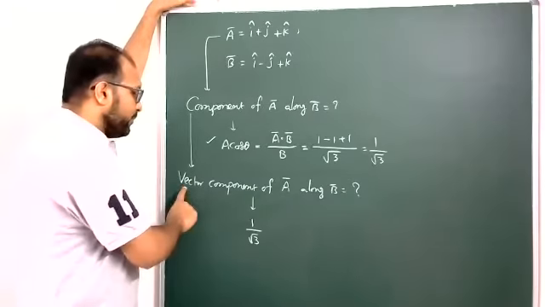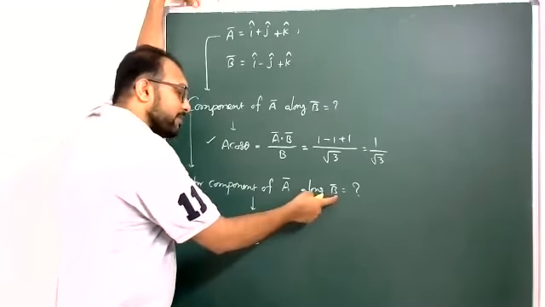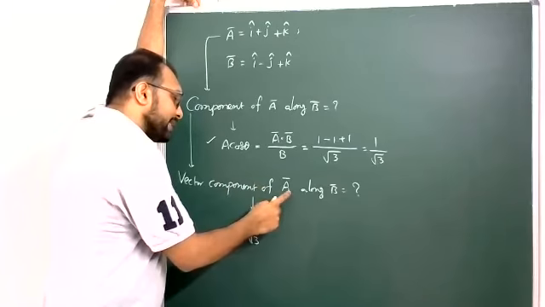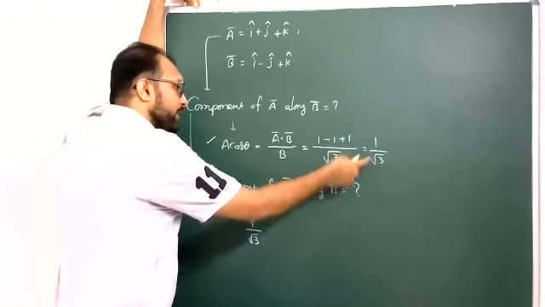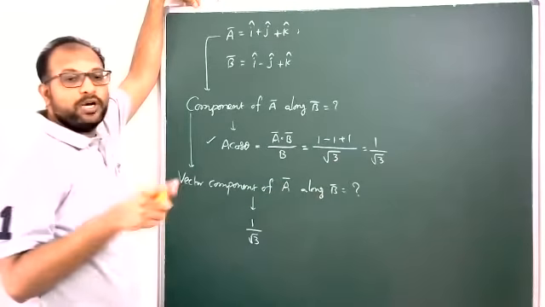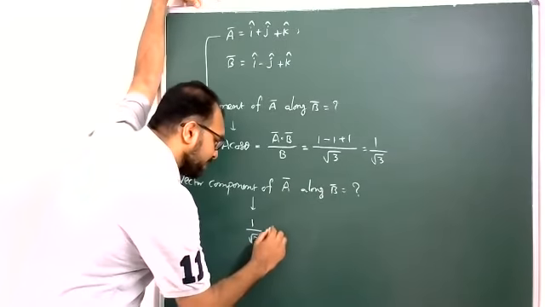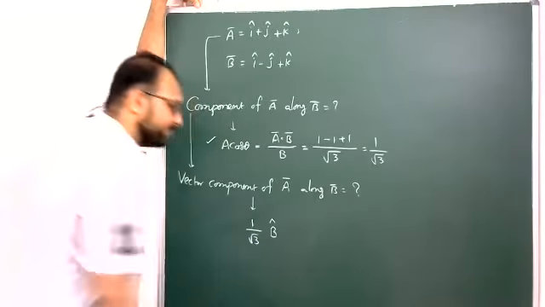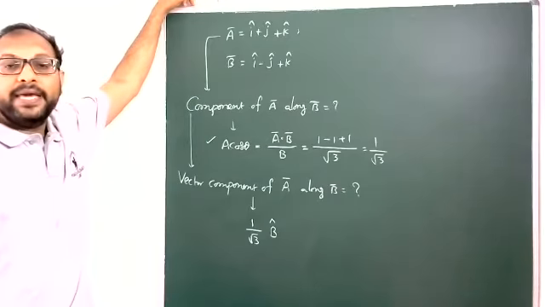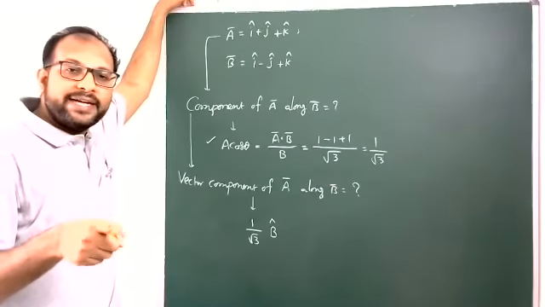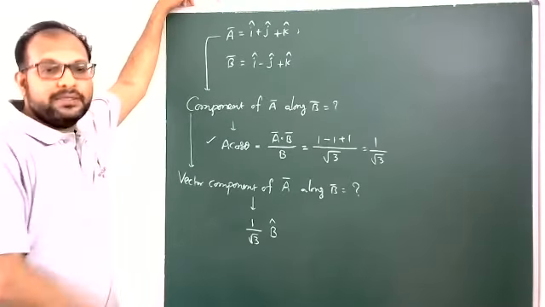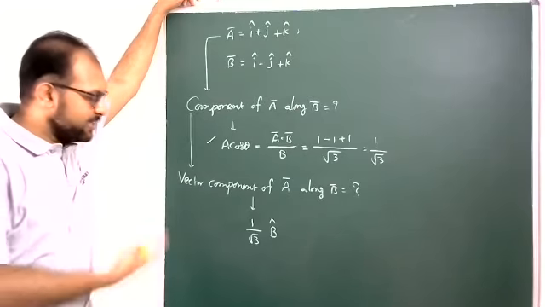So the vector component of A bar along B bar: the component we already know, now we need only direction, along B bar. Along B bar means B cap. B cap means the unit vector parallel to B bar.